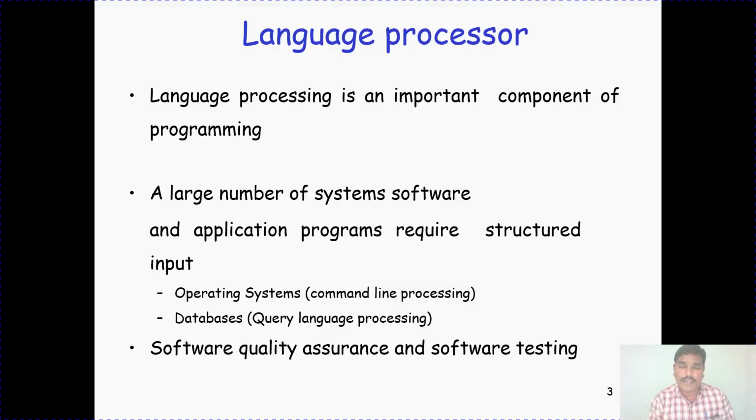So it is a mix of hardware and software. We are writing the programs in high level language, and the system converts it into low level language, that is called assembly language. This process is done by the language processor.